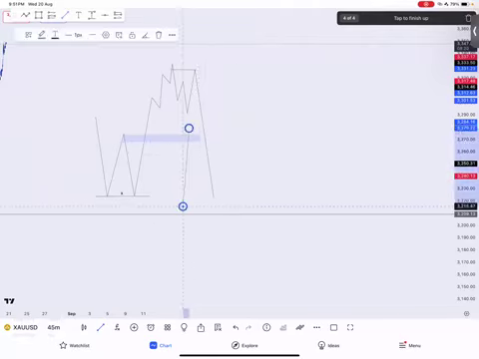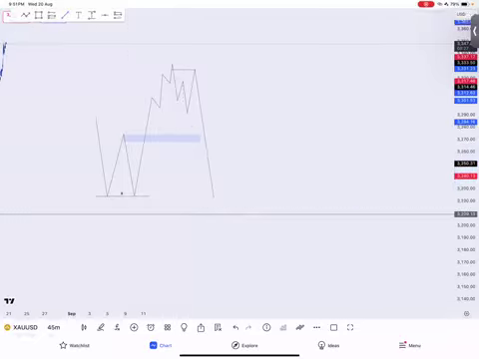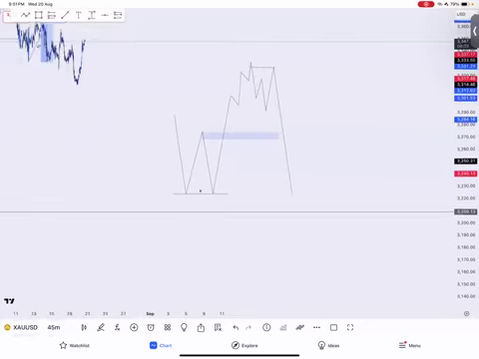So understanding the pattern that price made before your point of interest or structure shift occurred will tell you where price is likely to go next. I can't give you an example on the chart for this because I can't find it on the chart. It has not occurred in a long time for me.